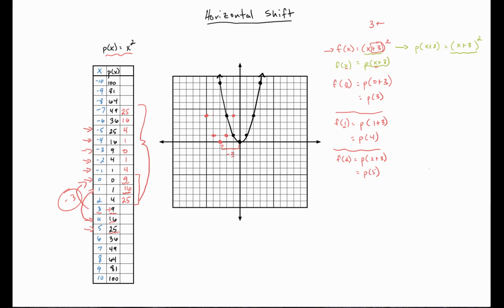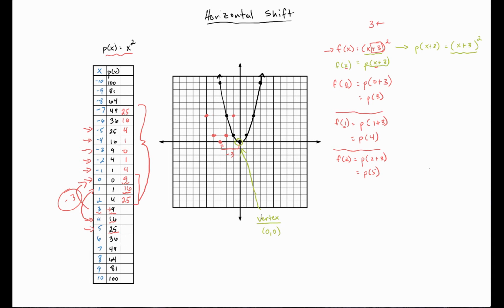All right, well, what's an easier way of doing that? Well, when it comes to a parabola or a squared function, what we're going to see is one of the most important values is just the vertex here. Now we know that the vertex of any parabola is just at 0, 0.